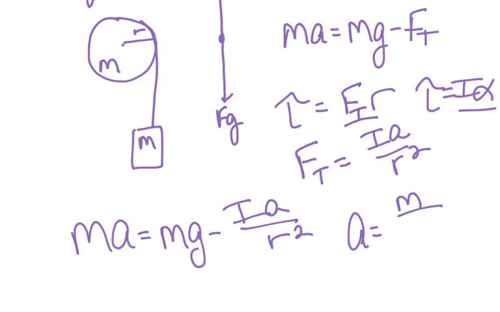And you end up with m over the mass of the block plus the I over the radius squared. It should be noted that this is the mass of the pulley. That is going to come into play in the rotational inertia piece, okay? So the rotational inertia piece is going to be where the mass of the pulley comes in, not our net force equations, okay?